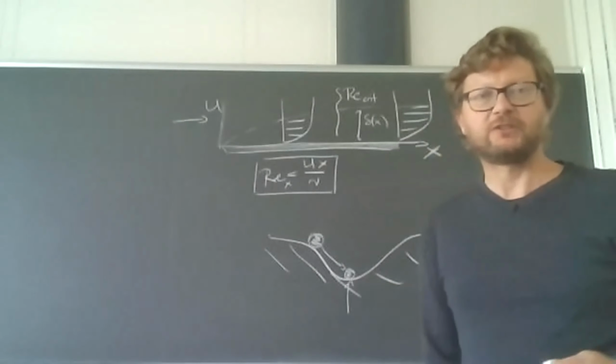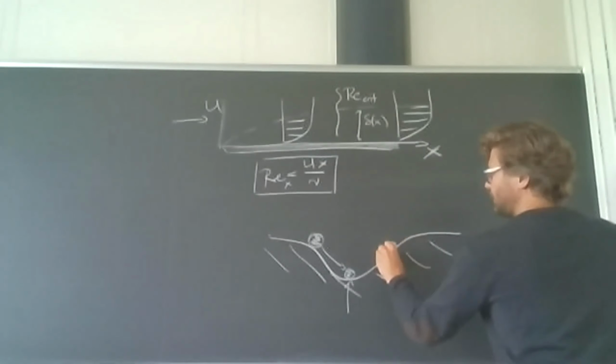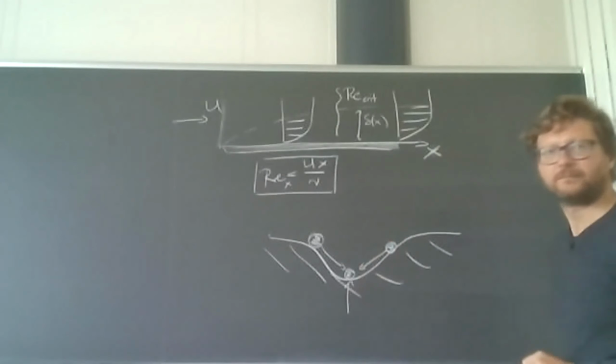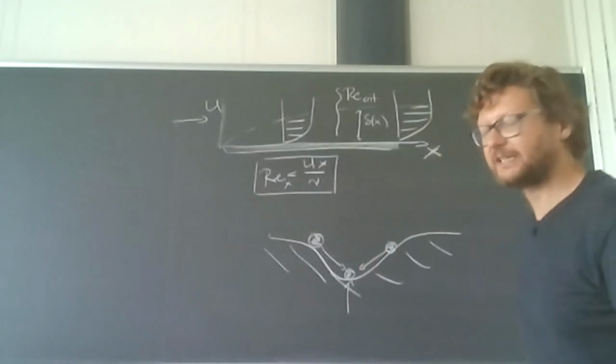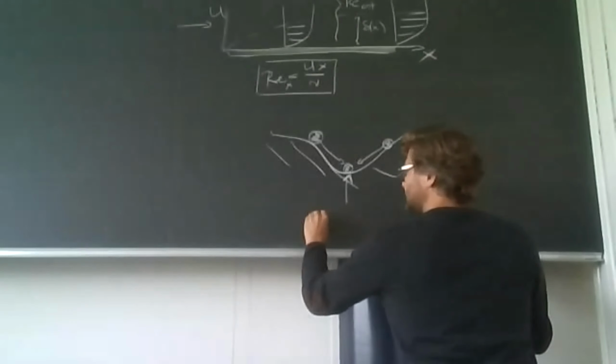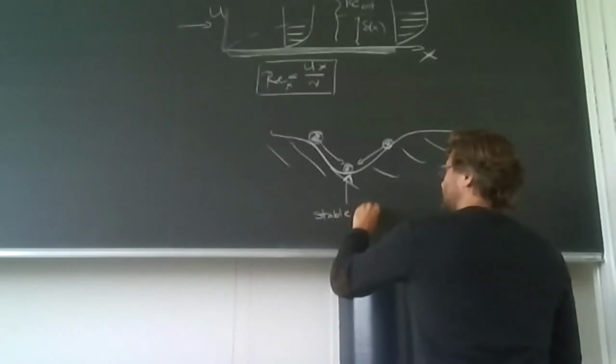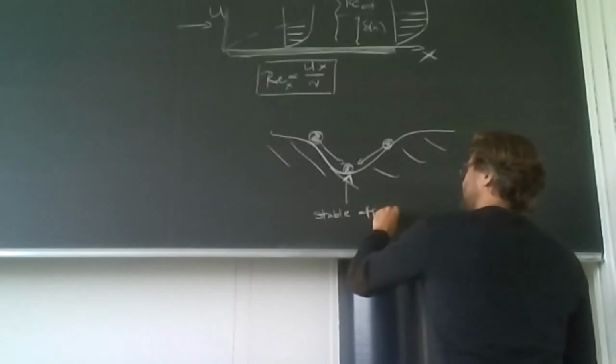And if you start off with the bead somewhere else, maybe at this point, it will also go to this stable point. So this location here is a stable attractor, or just an attractor.